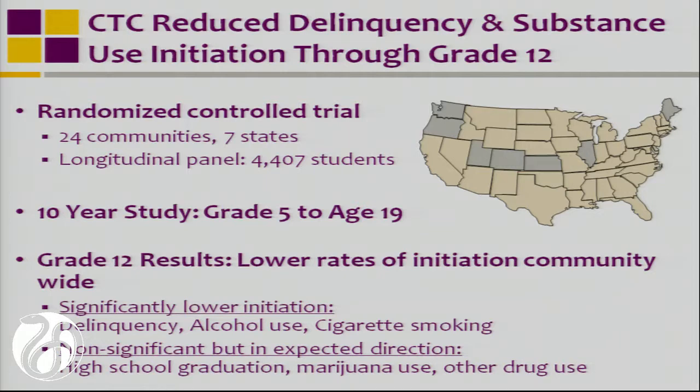Grade 12 is the last year for which we've analyzed data, and we found that youth exposed to CTC reported lower rates of initiation community-wide to a significant degree with respect to delinquency, alcohol use, and cigarette smoking. We also found non-significant results, but in the expected direction, for high school graduation and marijuana use and other drug use initiation.